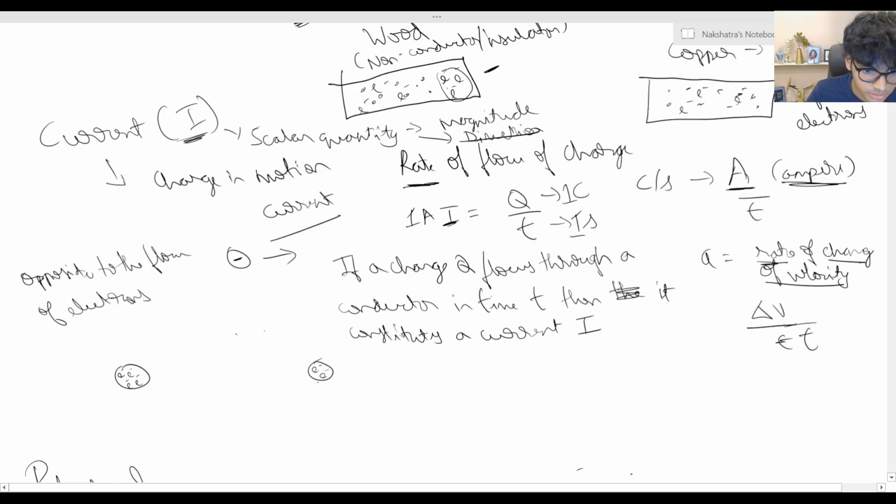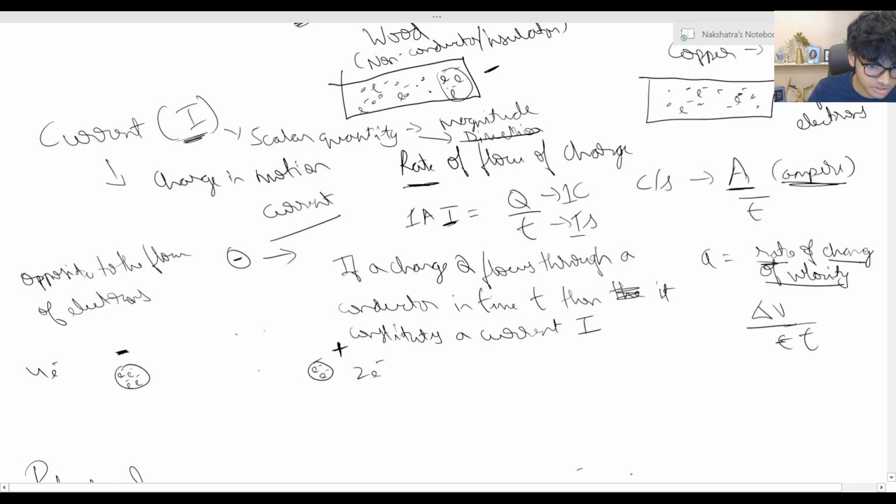So now if you look at it comparatively, since this one has 4 electrons in excess, this will have a more negative charge, right? Because this will be 4e, this will be 2e. So this has more negative charge, this has more positive charge.